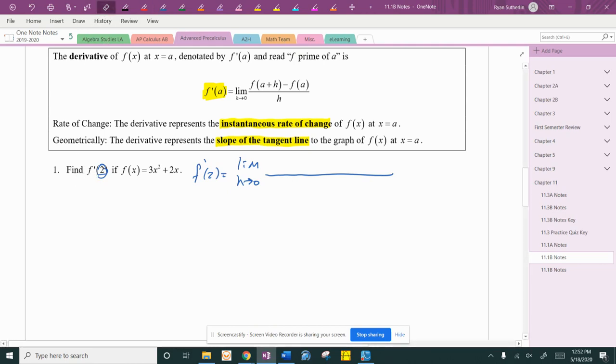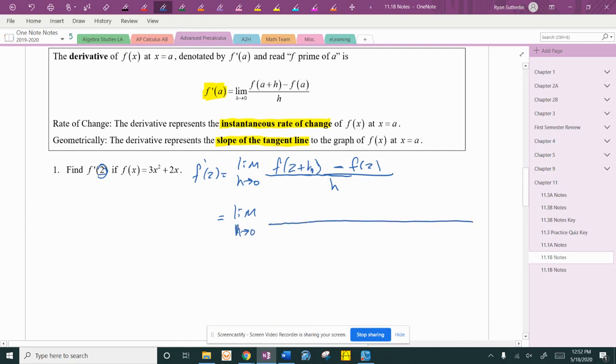So I'm going to do the limit of f of 2 plus h minus f of 2 all over h. Now, the rest of this, I'm always going to keep this limit notation here until I use the actual limit.